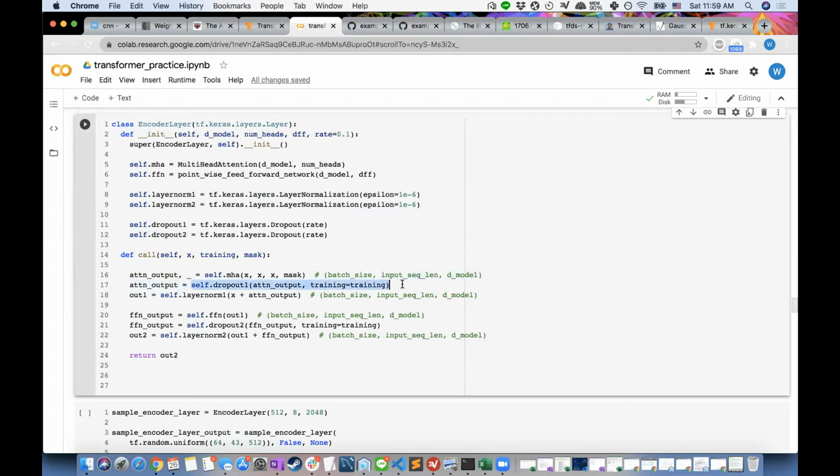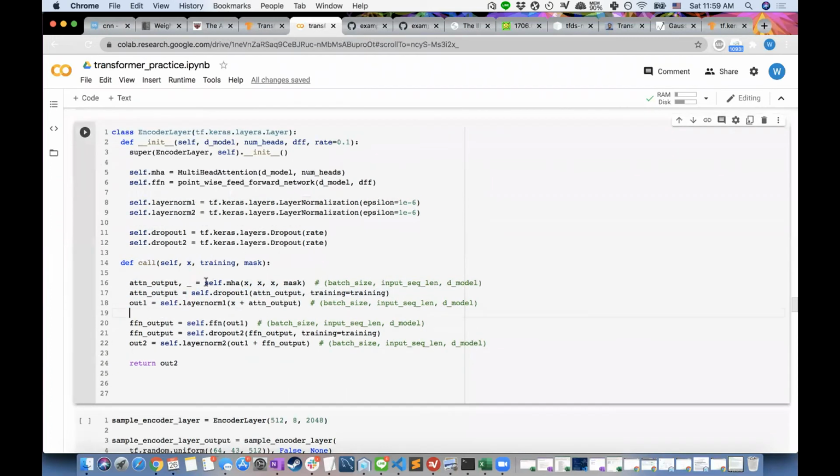Okay, then you have your dropouts. You pass the attention outputs into the dropout with training equals training. I don't know what this training is, but you wouldn't have dropout when you're predicting. You would have dropout only when you're training. Ah, okay, makes sense.